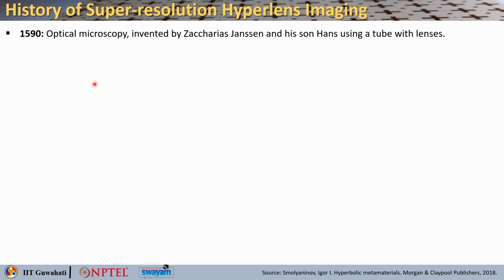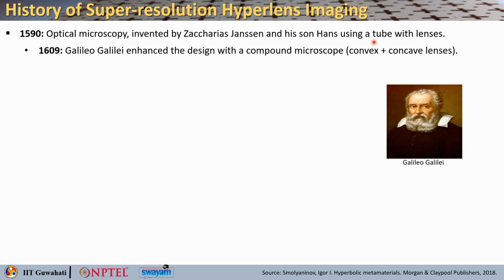So, the history of super resolution hyperlens imaging dates back to the first imaging in 1590. That is when optical microscopy was invented by Janssen and his son Hans using a tube with lenses.